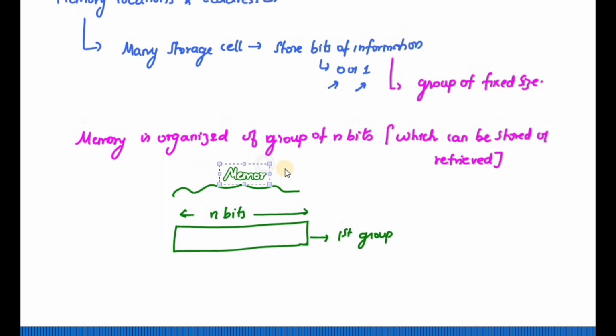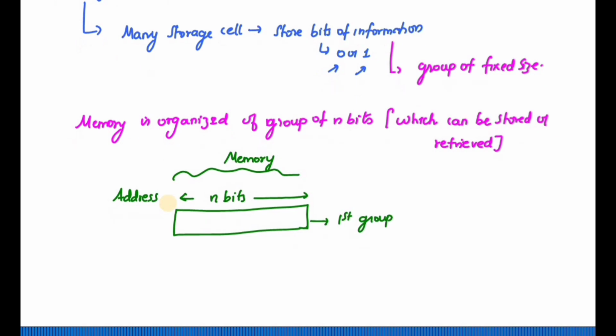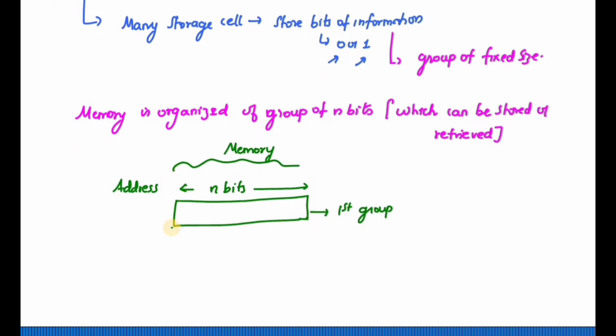It has addresses. This is the first group, and this is my second group. That group of n bits, I can term as a word.